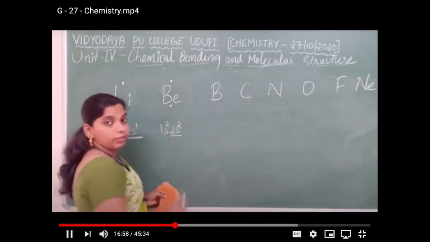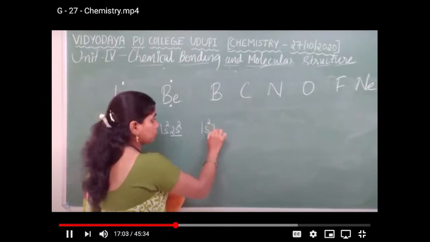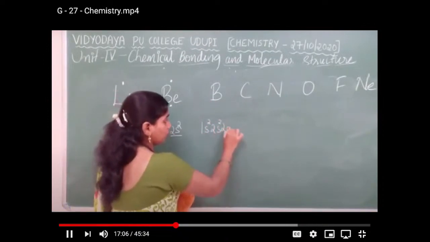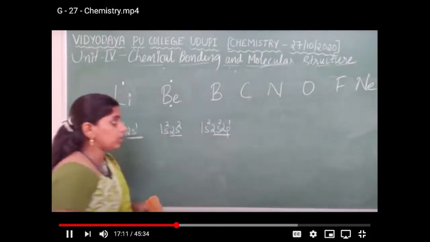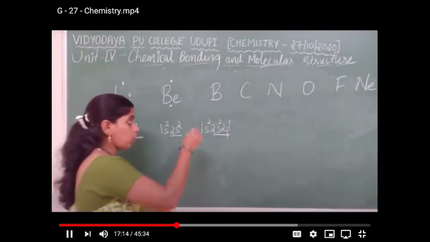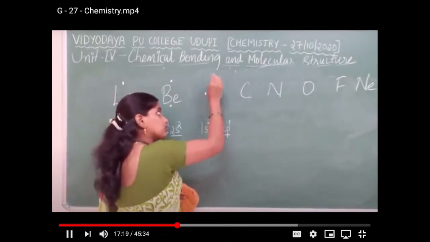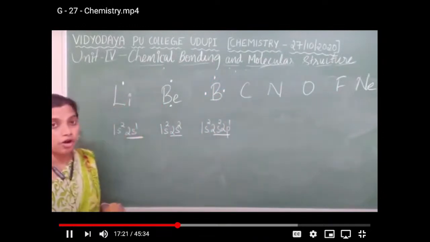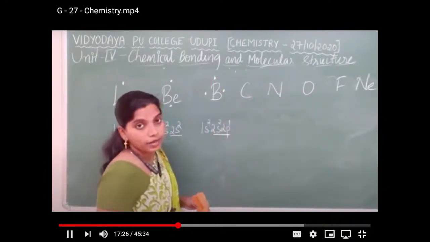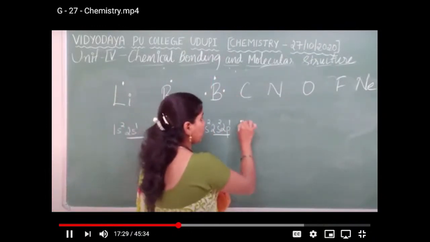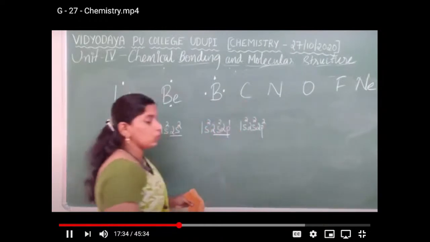Then boron, atomic number 5, electronic configuration 1s2, 2s2, 2p1. So it has 3 outermost electrons. The Lewis symbol for boron is B with 3 dots. Then carbon, atomic number 6, 1s2, 2s2 and 2p2.